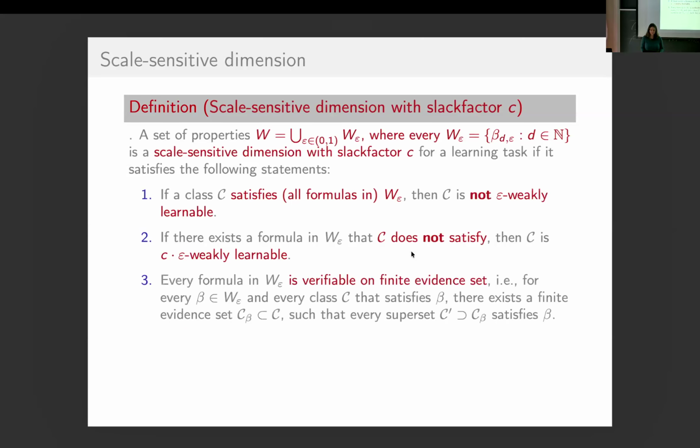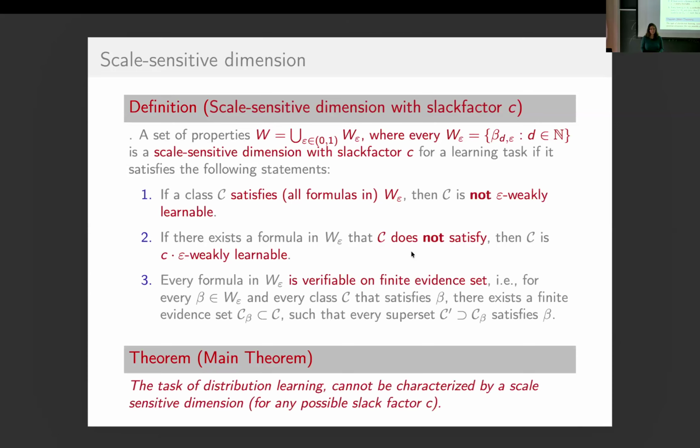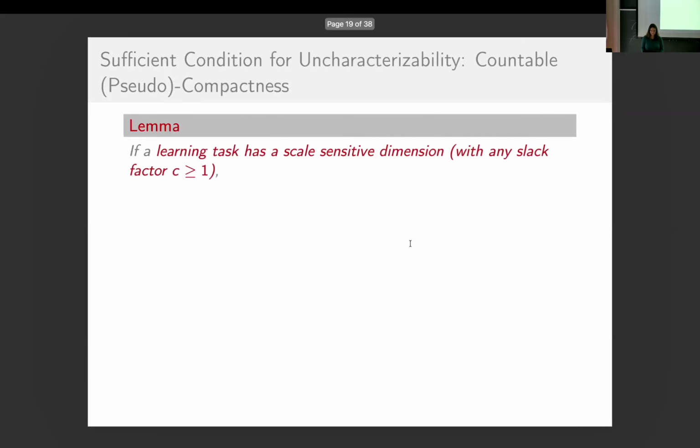And we still keep the finite evidence property from before. And the main theorem of our work is that the task of distribution learning cannot be characterized by a scale sensitive dimension for any possible slack factor C. So there's no room to squeak something by with the C.